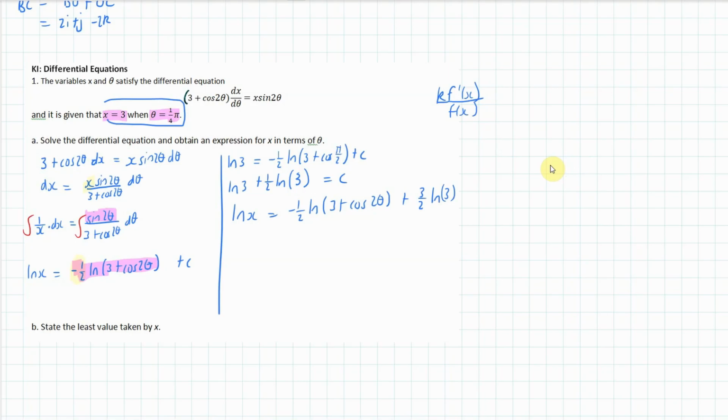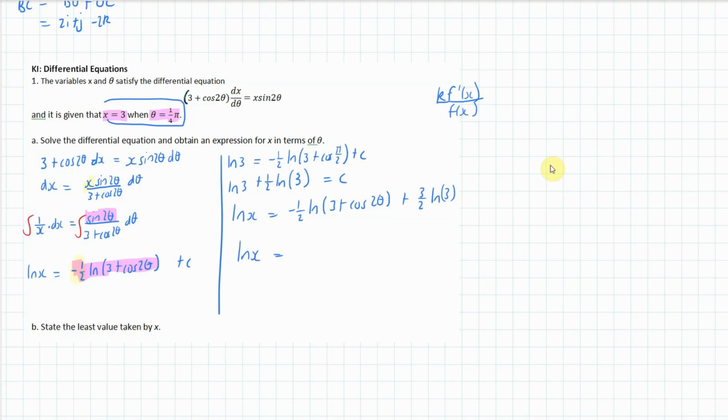Now what we can do at this point to get our final answer. Wait a second, I think that's actually all we need, isn't it? I guess we could perhaps simplify it a little bit, because they're both times by a half.